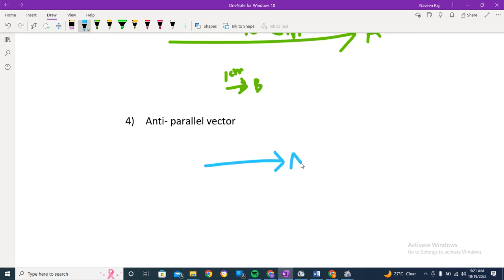Like this is A, and this is, for suppose, 6 centimeter, and over here we have 7 centimeter. Now the magnitude is different and the direction is opposite, and they are also parallel. But the direction is different, so they become anti-parallel. They are a form of negative vectors, but the change is that in negative vectors we have the same magnitude, while here it can vary from vector to vector. That is not the same.